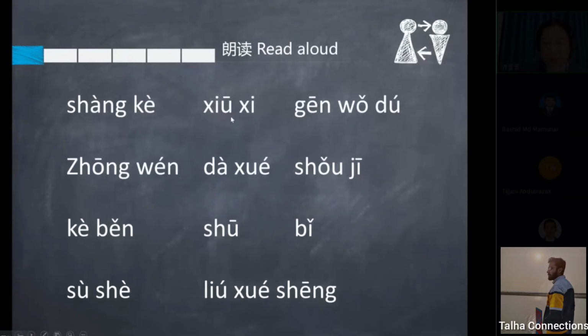So it becomes 休息，休息. Just read after me. 休息. It means break or have a rest. So from next class, when we need to break, I would like to say 休息.